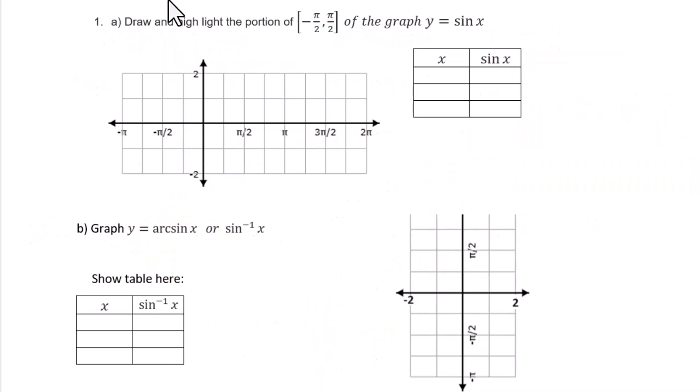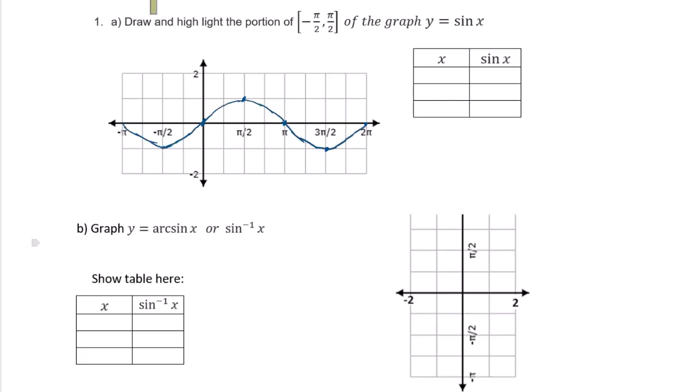Now let's go to inverse sine x. Draw and highlight the portion between negative pi over 2 and pi over 2 of the graph y equals sine x. 0, 0, 1, 0, negative 1, then 0 again.